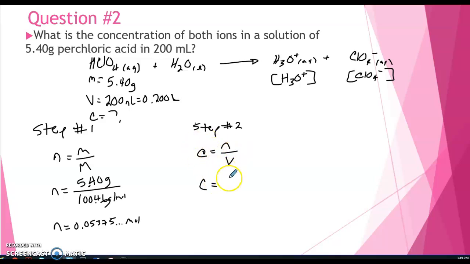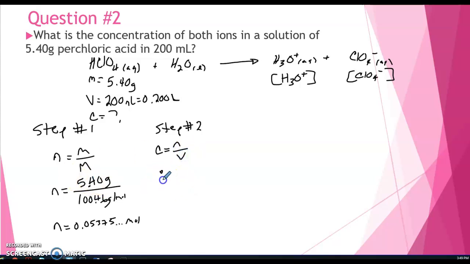Now that we have that, we can find the concentration. So we have step two: C equals N over V. We have N, which we just found, divided by volume.